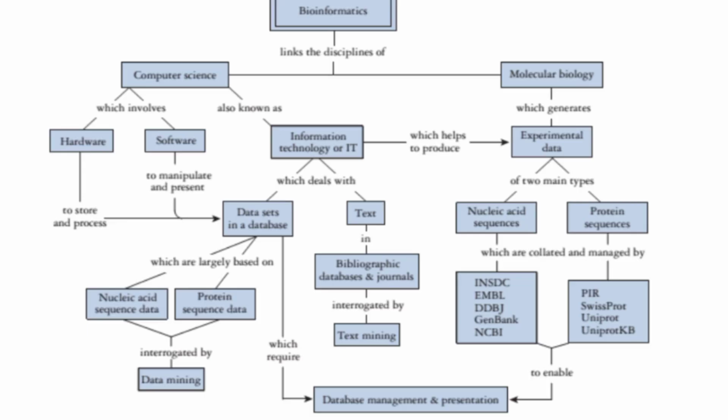So we obtain that from the wet lab with the help of molecular biology techniques, talking about the nucleic acid and the protein. And then all the sequence information is deposited into different databases created by computer scientists, and anyone can access it globally.